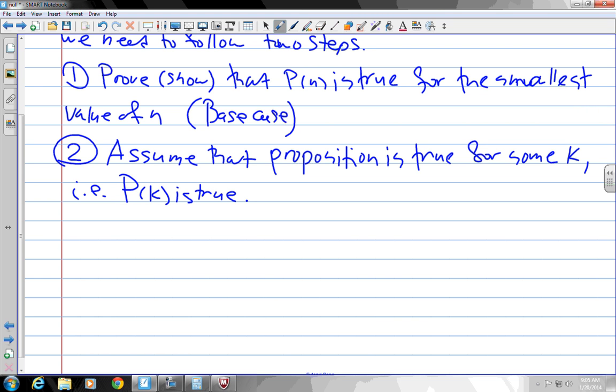So we're just going to assume that. And then we have to show that P of k plus 1 is also true. So this is called the induction step.